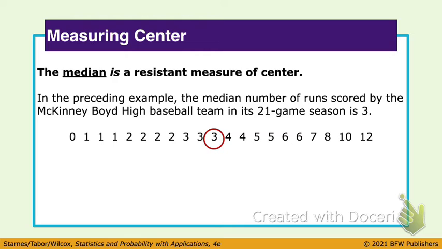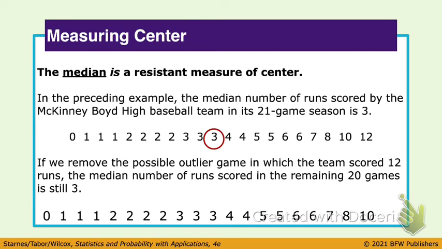Now, if I take off that 12, then my median is the average of these two numbers. And so what's the median? It'd still be 3, because the average of 3 and 3 is 3.